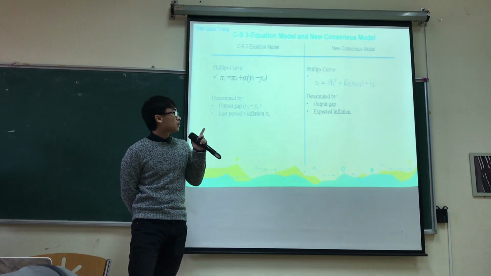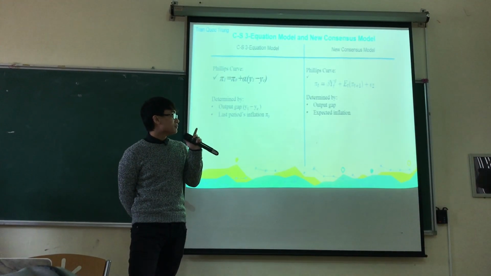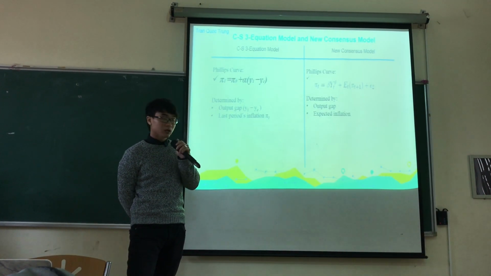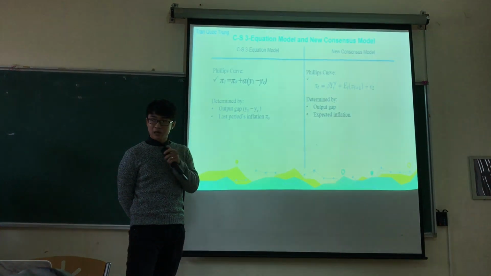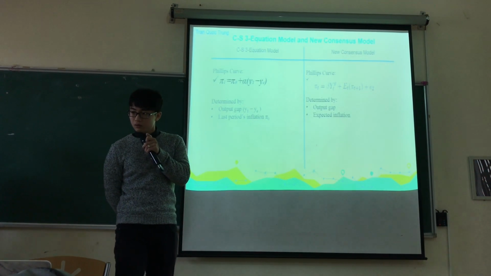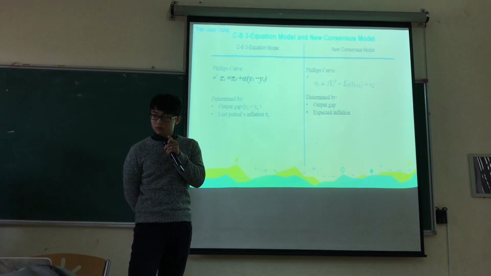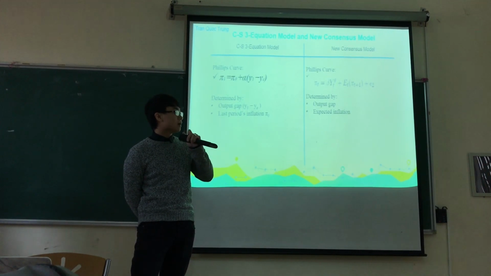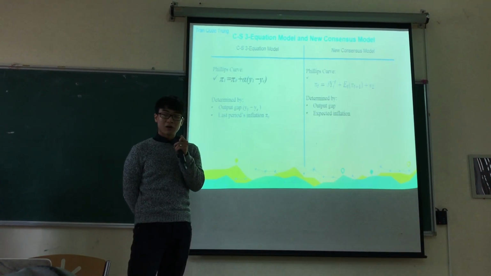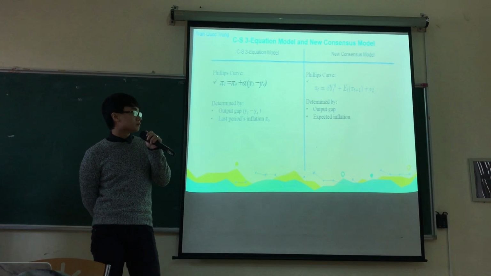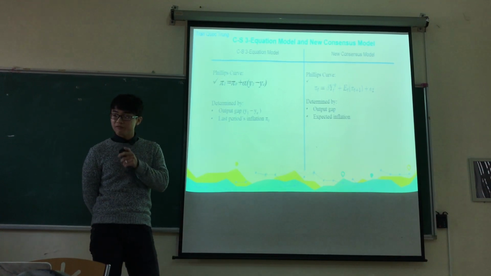In the Phillips curve, this is also determined by the output, but the difference here is that the output in the Phillips curve is determined by the actual output and the potential output, and it is also determined by the expected inflation.